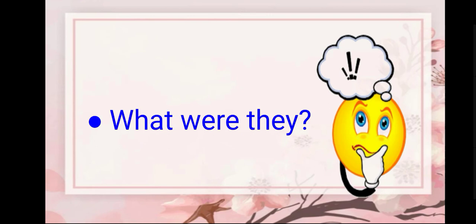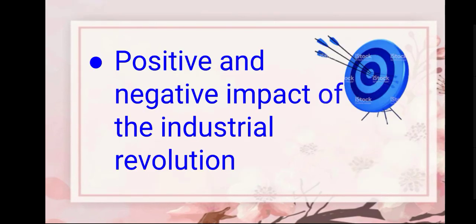Such changes took place in society of the time, in the way people lived and worked, and the economy of the country rose. So now you got the idea what we are going to learn today. We will learn about the positive and the negative impacts of the Industrial Revolution.